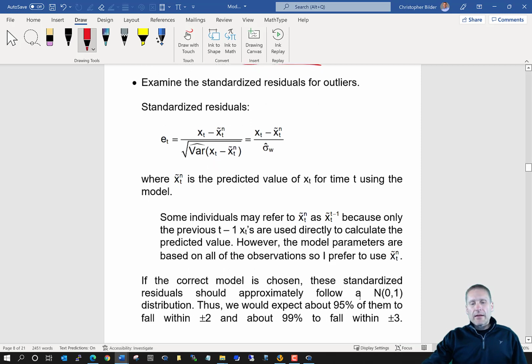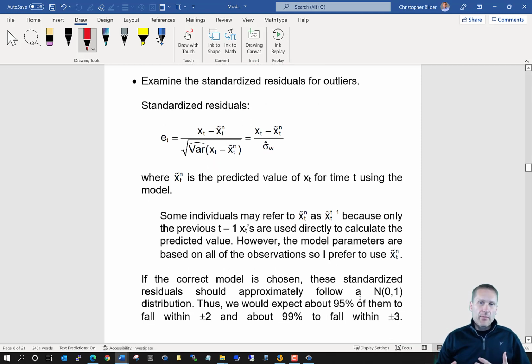Now, let's take a look at another aspect of these diagnostics. We can examine the standardized residuals for outliers.